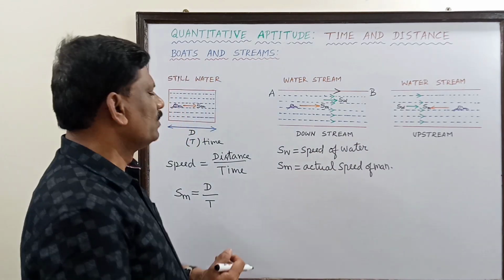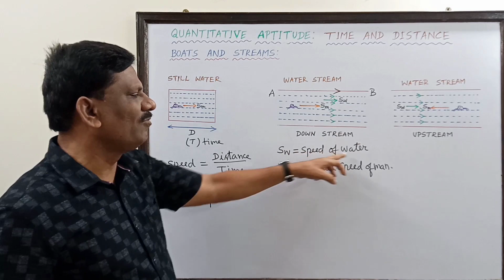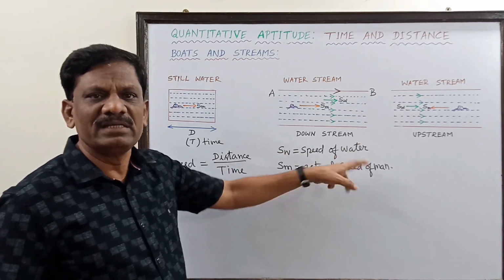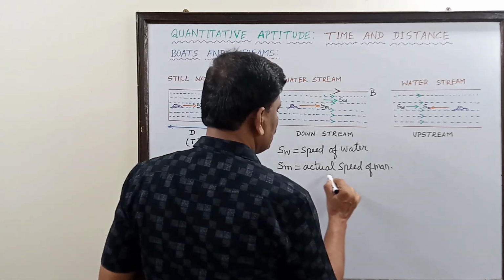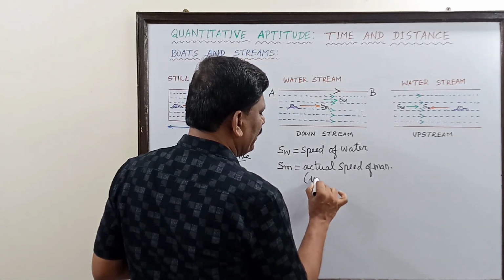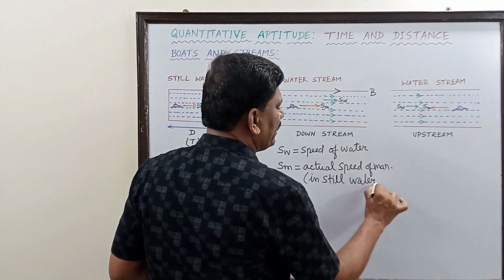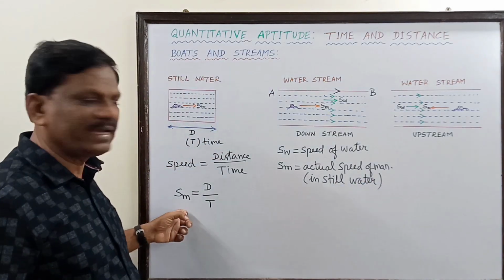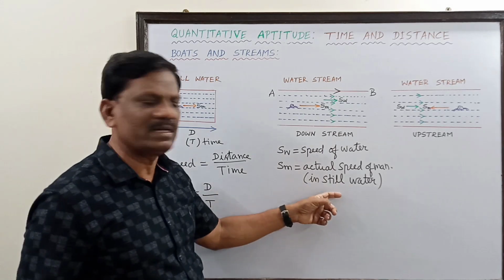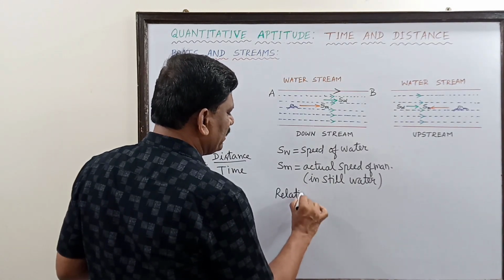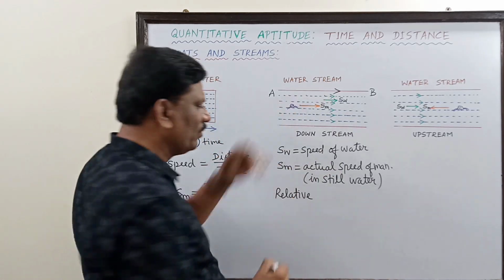Okay. So if Sw is the speed of water and Sm is the actual speed of the man in still water, just like the first case we have seen, then what is the relative speed? He is having a relative motion with water.